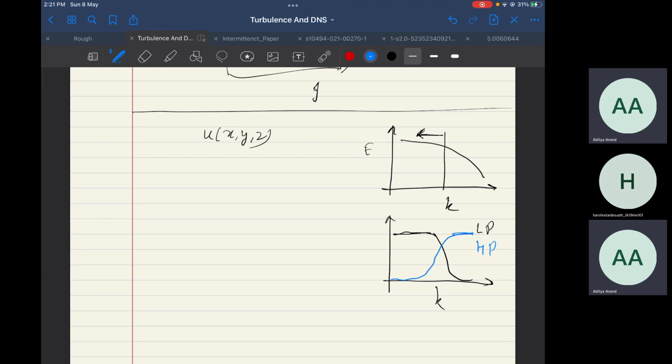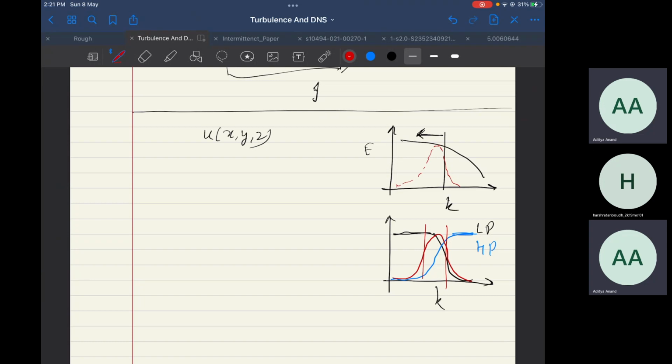The high pass would allow only the high wave numbers, and a band pass would have a shape like this. It will allow the frequencies that are there in a band. So what a band pass filter does is isolate the spectral content from a given wave number band.